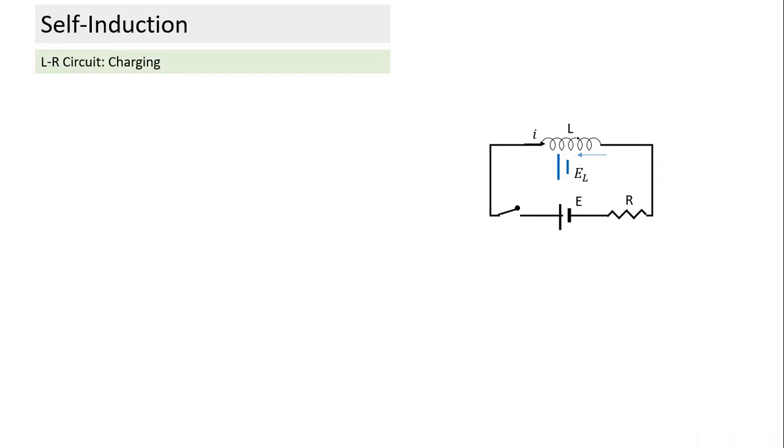Let's take an LR circuit, which is an inductor and a resistance, and we take the charging kind of circuit. Charging means where the current is increasing. There's a switch here. We close the switch at time t equal to 0. This derivation is very similar to what we had in the case of the RC circuit.